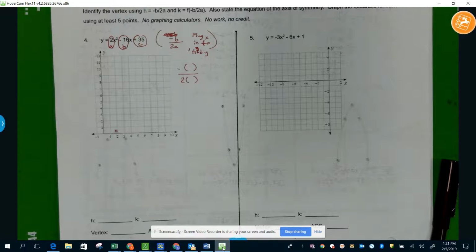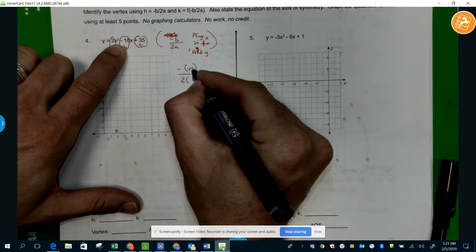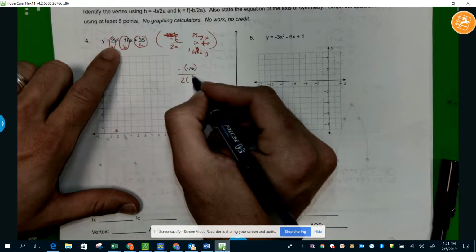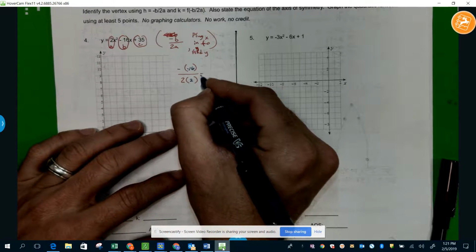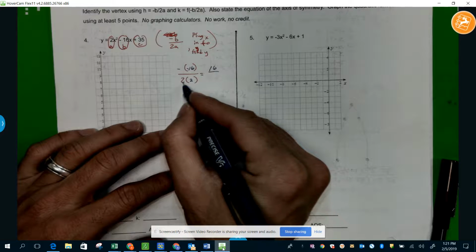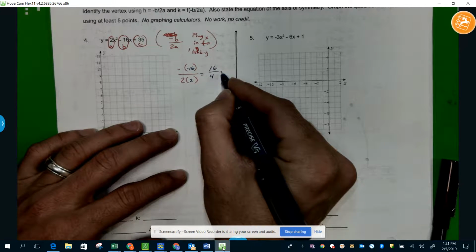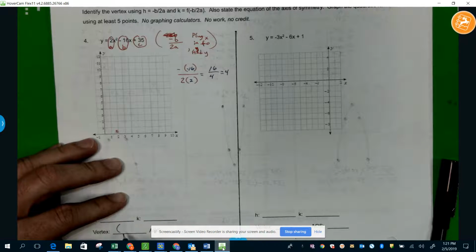The b value goes in the top parenthesis, negative 16, and the a value goes in the denominator, which is 2. Negative times negative 16 is positive 16. The denominator, 2 times 2, is 4, and 16 divided by 4 is 4. So my vertex has an x value of 4.